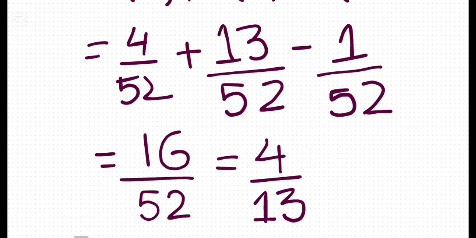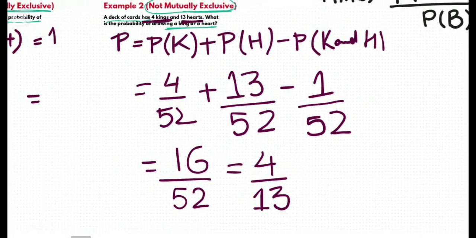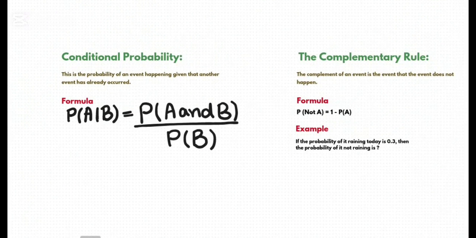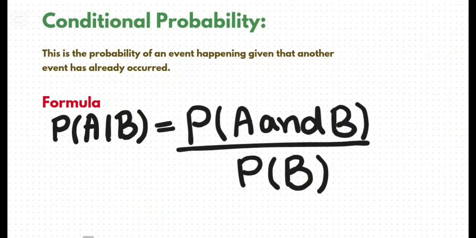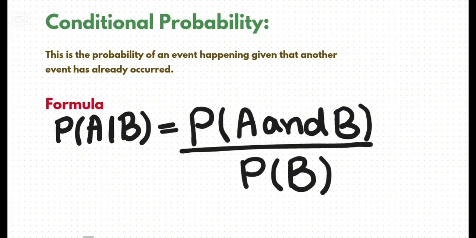Now let's move on to the next rule, which is the conditional probability rule. This is the probability of an event happening given that another event has already occurred.